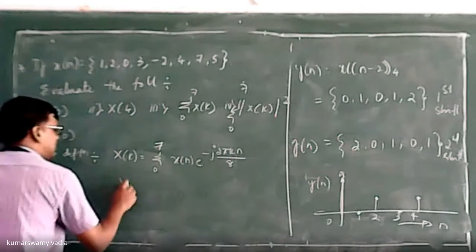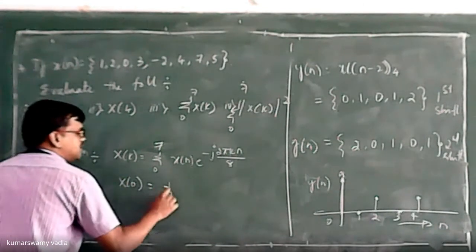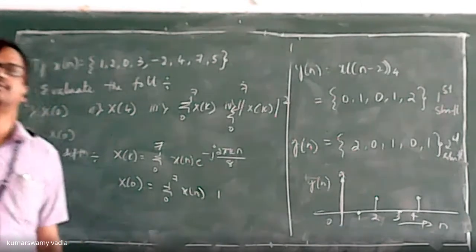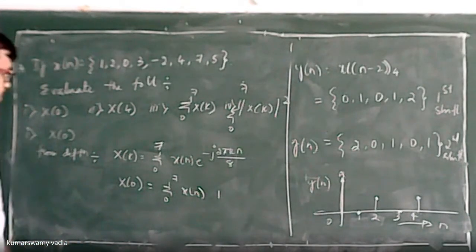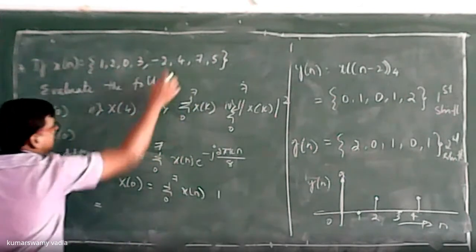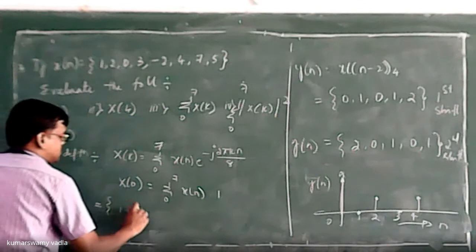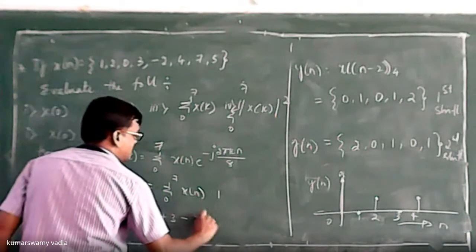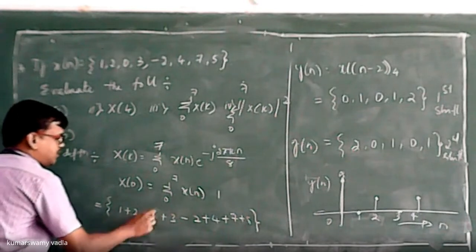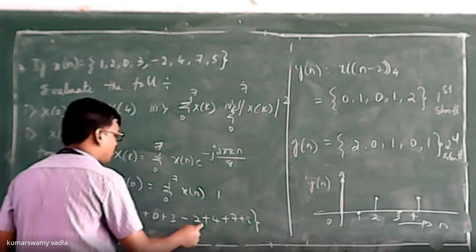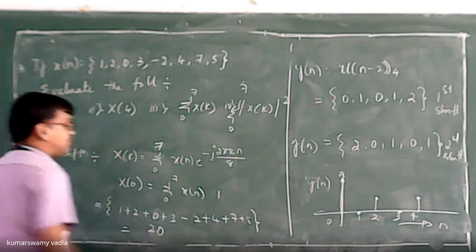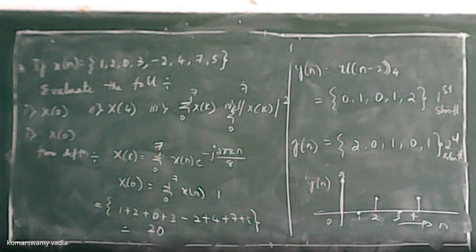Here k is 0, so this exponential value becomes 1, and we just add the x of n values: 1 plus 2 plus 0 plus 3 minus 2 plus 4 plus 7 plus 5. 1 plus 2 is 3, plus 0 is 3, plus 3 is 6, minus 2 is 4, plus 4 is 8, plus 7 is 15, plus 5 is 20. Is the point of discussion clear for everyone?